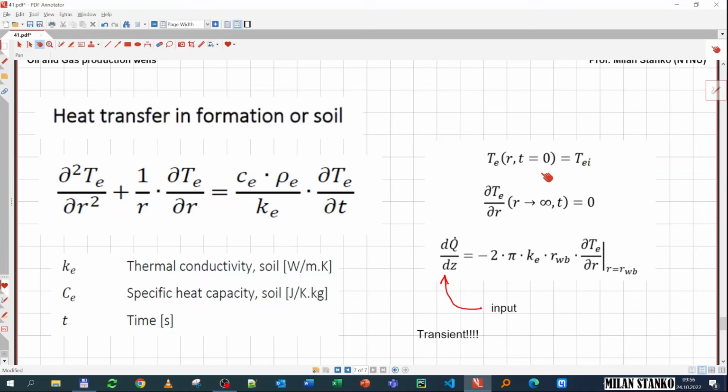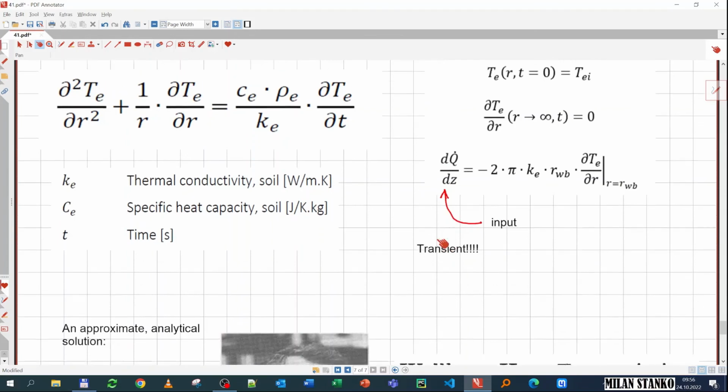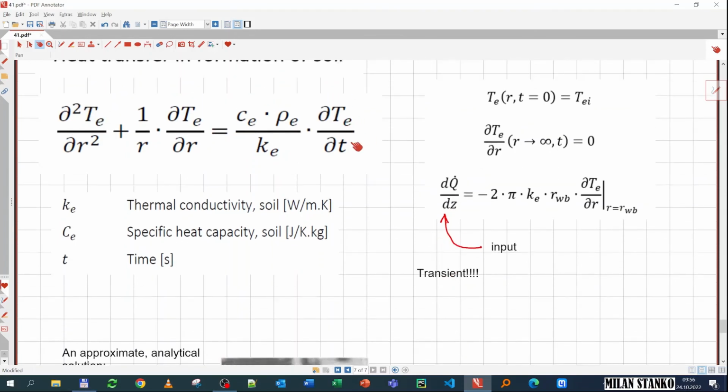Far away from the well, at a high radius, there is no heat transfer anymore, so the derivative of TE with respect to r is 0. And exactly at the boundary, the heat transfer should be equal to whatever is coming from all the other layers. This is the term that we calculated before, and that's how we get our connection. But this is a transient equation that we need to solve numerically.